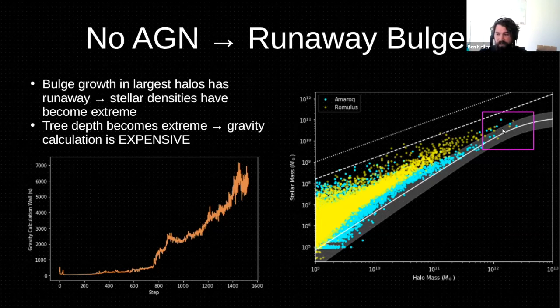So for this run that doesn't include an AGN model, we know that these galaxies are going to go bad by redshift 0. The surprise is that they go bad in a way that is also extremely numerically expensive to deal with. So the de-refinement is a bit of a Hail Mary in terms of trying to get this thing to run to redshift 0, so that we have a large population of galaxies, many of which match observed scaling relations, some of which don't, which we can then look at to see exactly what physical mechanisms occur as they move away from them, and eventually compare to a volume run with superbubble modeled AGN feedback.